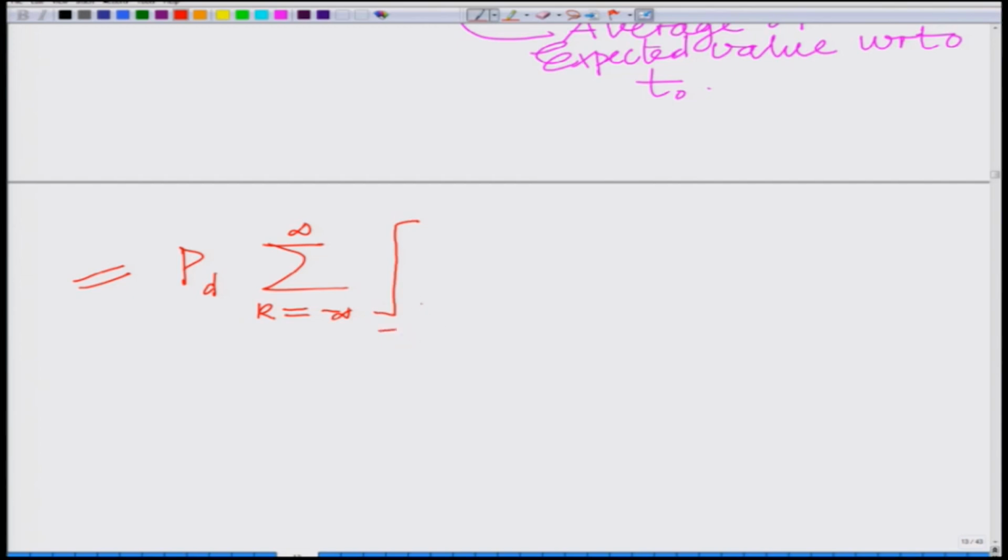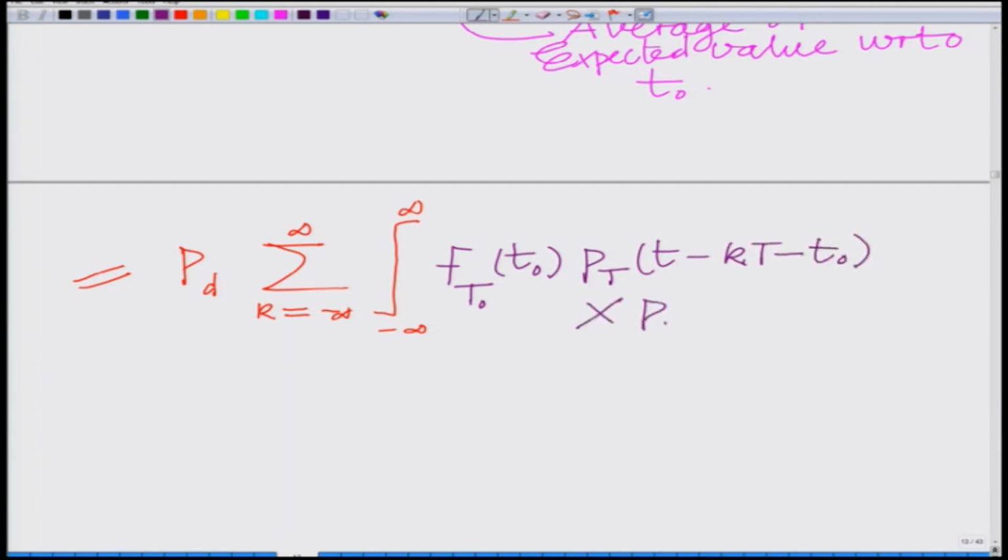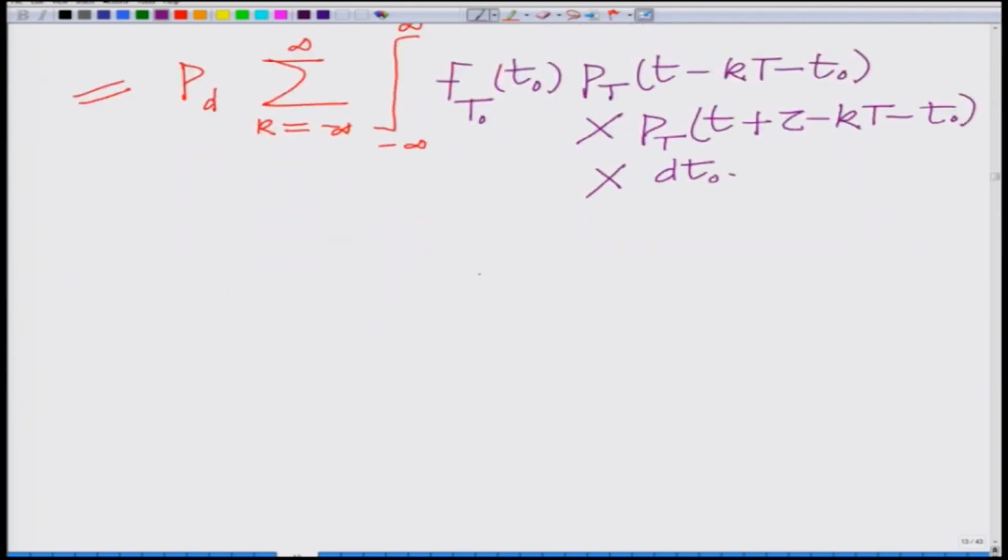Let me write the complete expression. I have to multiply with the probability density function of T naught, that is P t t minus k t minus T naught into P t t plus tau minus k t minus T naught into dt naught. So, multiply by the probability density function and integrate.